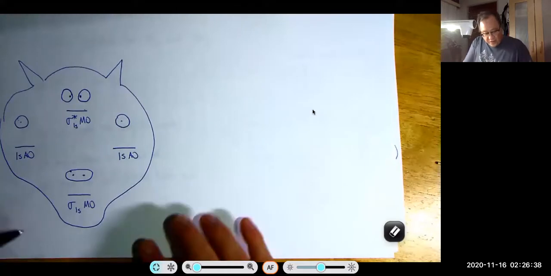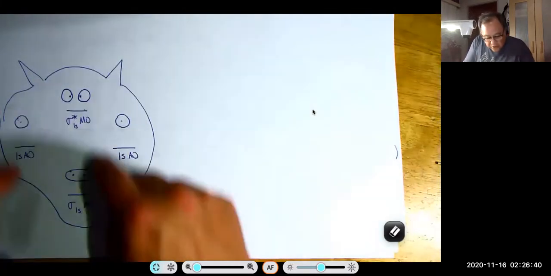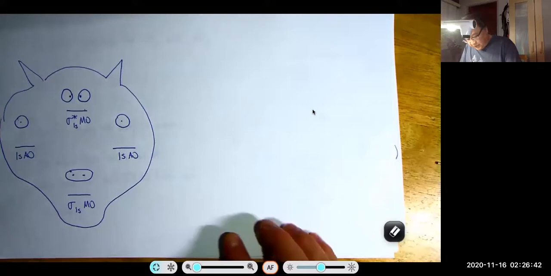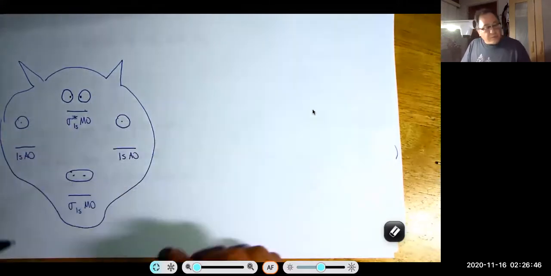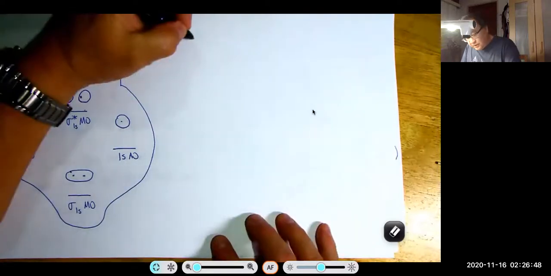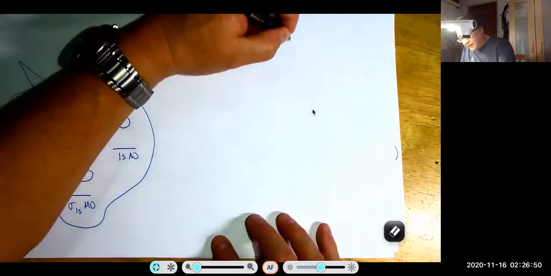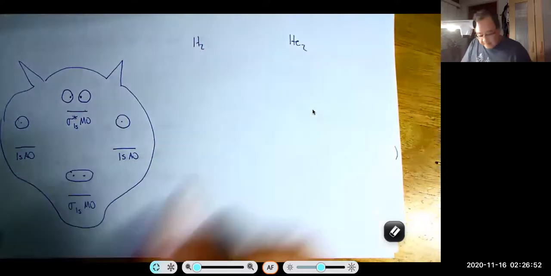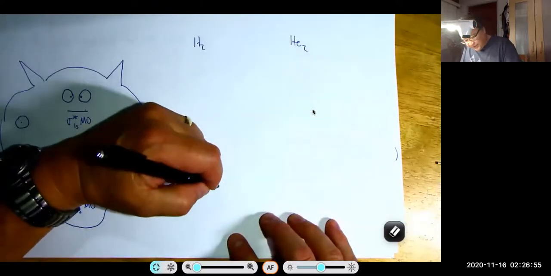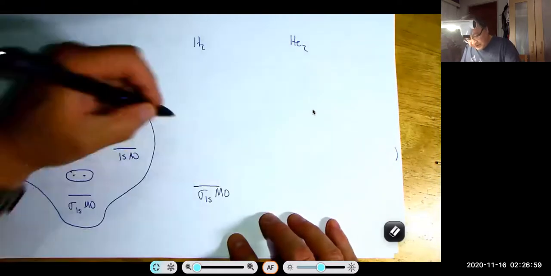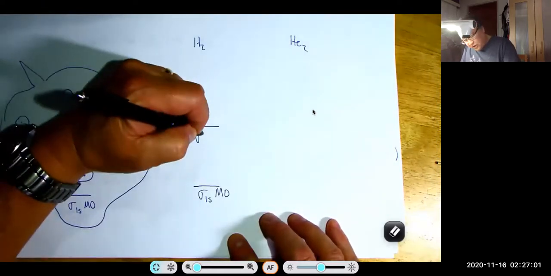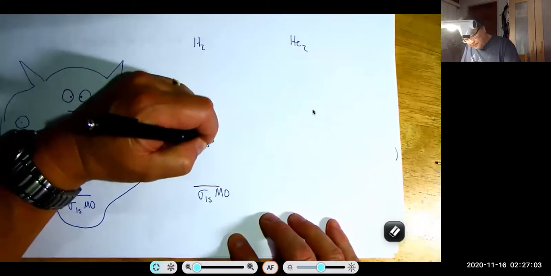So we can redraw this without showing all the orbitals. And so here are just the MOs that we would use for H2 and for He2. So I'm going to show you just the MOs. There's a sigma 1s MO, and I'm going to write MO to remind you that's an MO, and a sigma star 1s MO.